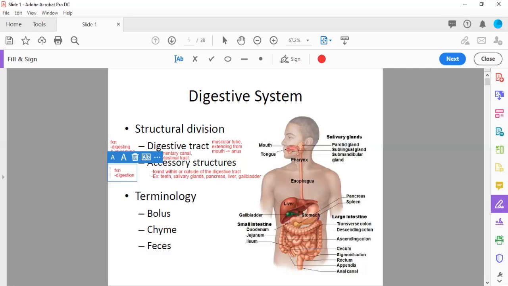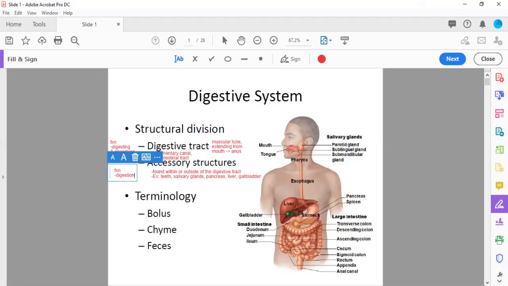Bolus is the mushy stuff that you produce in the mouth after you chew the food and add saliva with enzymes to assist the breakdown of the food.